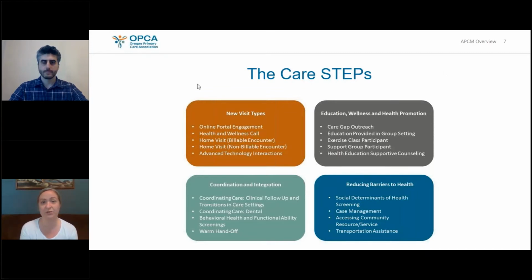Moving to the next bucket, education, wellness, and health promotion, we have care gap outreach, education provided in group setting, exercise class participant, support group participant, and health education supportive counseling. And then finally, in the reducing barriers to health bucket, we have social determinants of health screening, case management, accessing community resources and services, and transportation assistance.